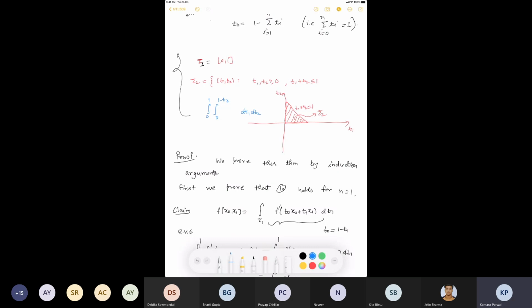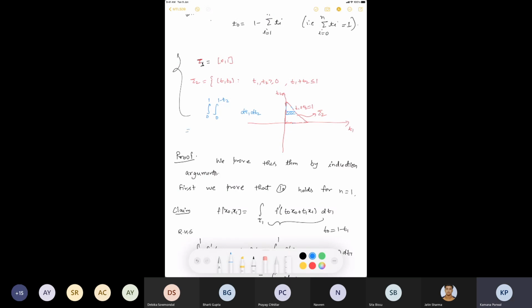Since we are integrating first with respect to t1, we take a horizontal strip. On one side t1 is equal to 0, and on the other line t1 is equal to 1 minus t2, and these strips vary with t2 from 0 to 1.